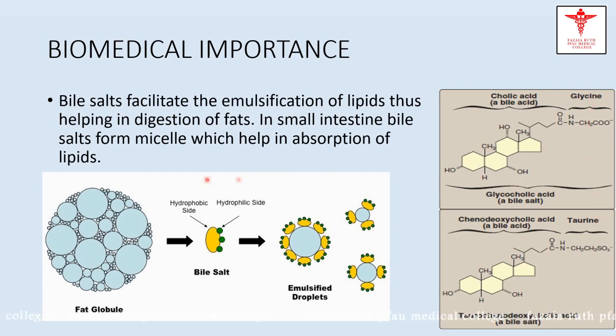Bile salts have an amphipathic nature, meaning they have a hydrophobic side and a hydrophilic side. So they break down large fat globules in the gastrointestinal tract into small emulsified droplets, thus helping in the absorption of lipids.